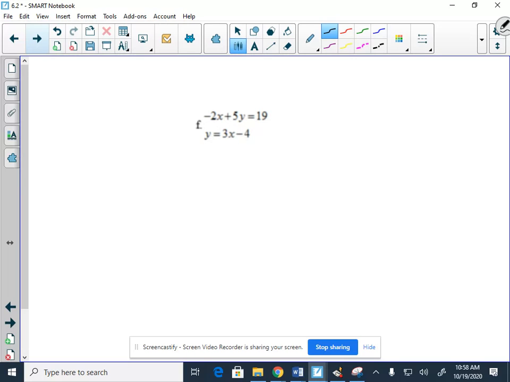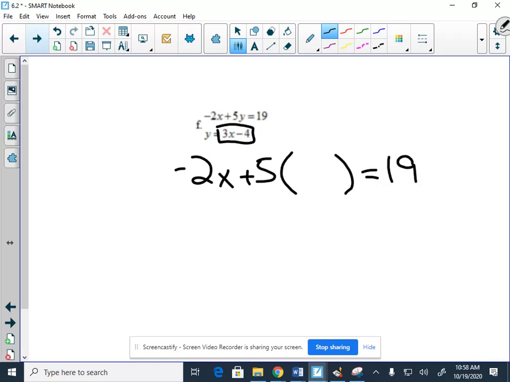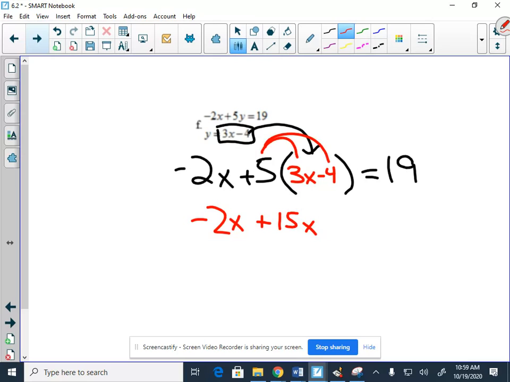All right, this next one, we have y solved for. So since this equation has y solved for, I'm going to go to the other equation. I'm going to take out y. Instead of y, I'm going to put in what y equals. Y equals 3x subtract 4. Now I'm going to have to distribute. 15x subtract 20 equals 19.